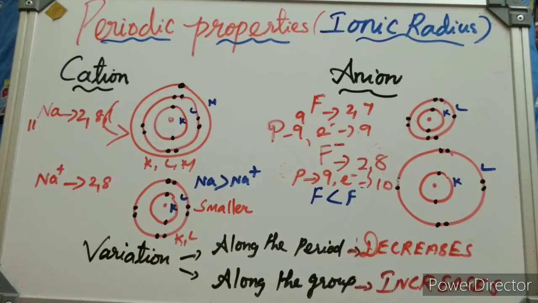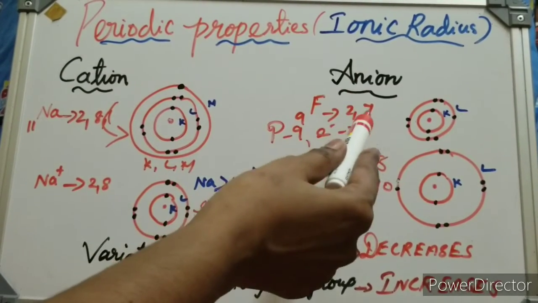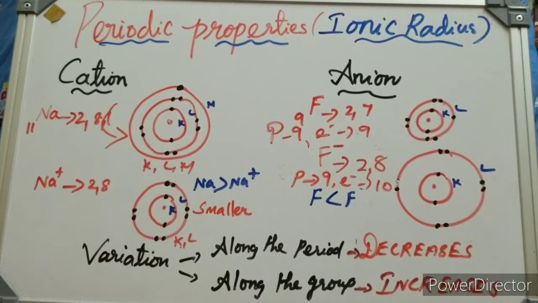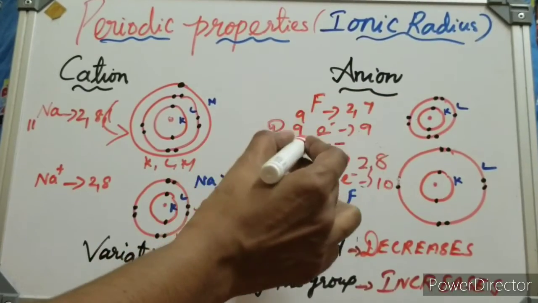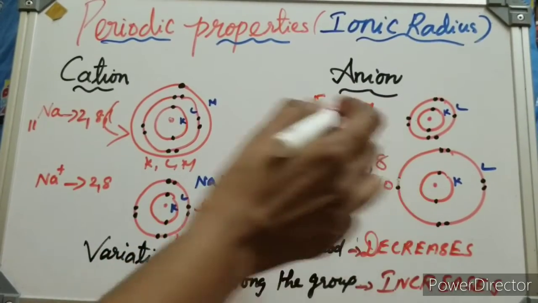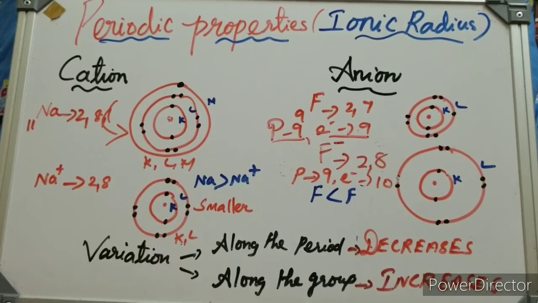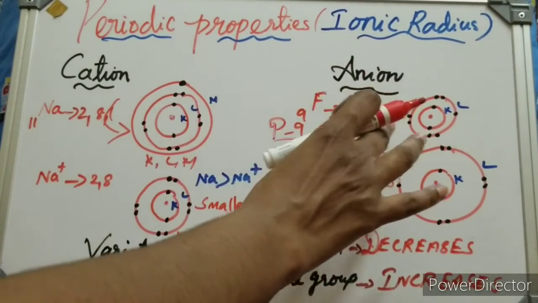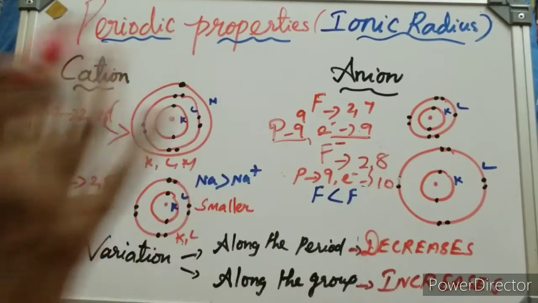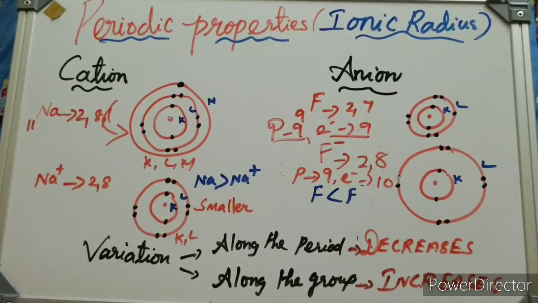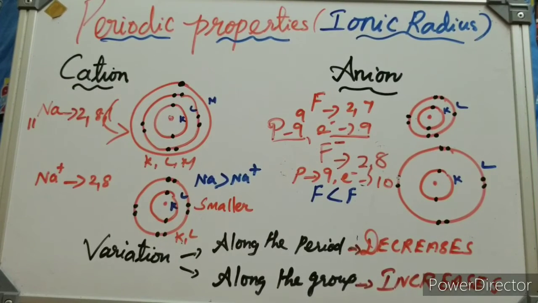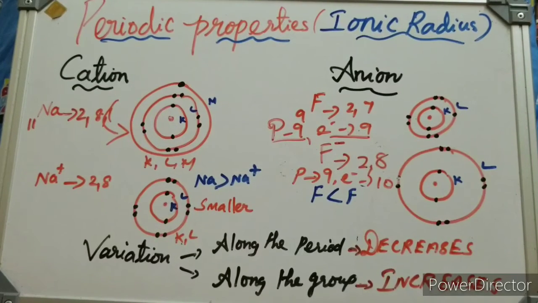So automatically, compared to the neutral atom, the anion is bigger in size. In neutral fluorine there are equal numbers of protons and electrons, so the protons strongly attract the electrons. But in the anion, there are only 9 protons and the electron number is more, because fluorine gained 1 electron, so now it is 10.